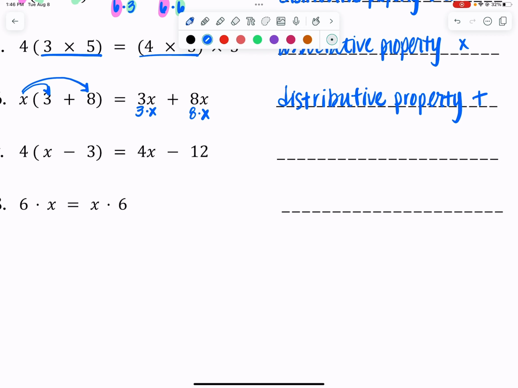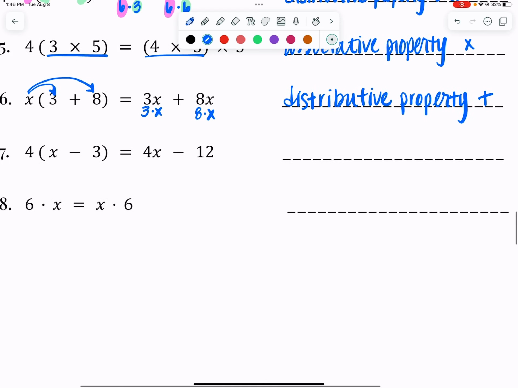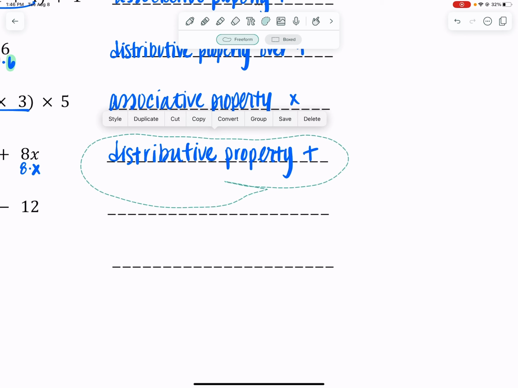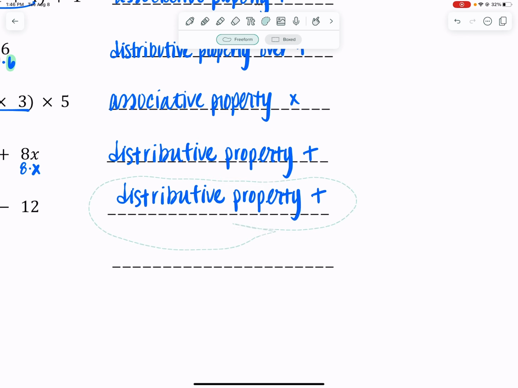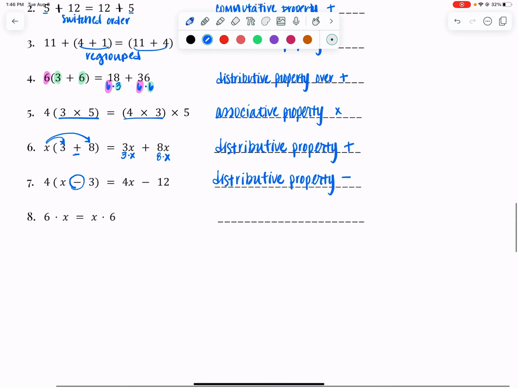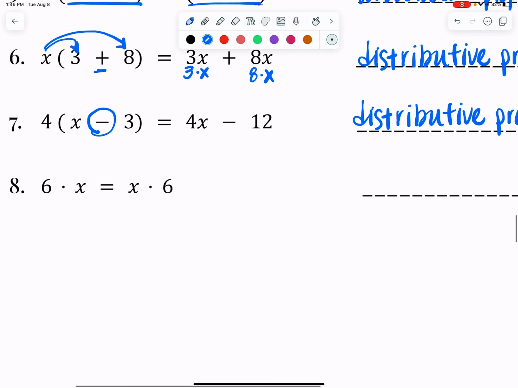Now I was trying to see if you were paying attention on this next one. The big difference between 6 and 7 is the sign. So this time, instead of being the distributive property of multiplication over division, or over addition, we will have the distributive property of multiplication over subtraction. 8 is the last one.